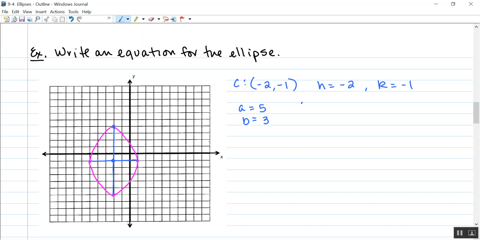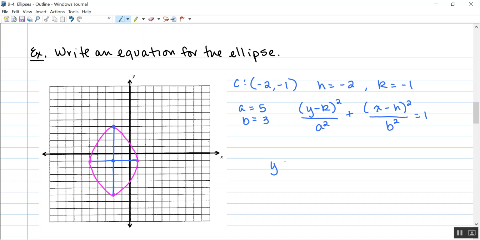Now remember, the formula I'm going to use is (y minus k) squared over a squared, and it's y over a because it's vertical, going up and down, plus (x minus h) squared over b squared equals 1. So now we have our h, k, a, and b. We can just plug those numbers in.